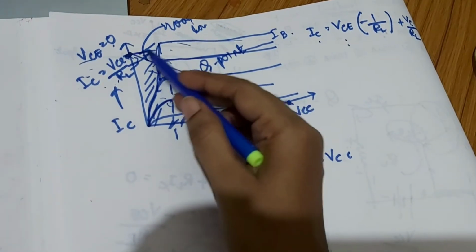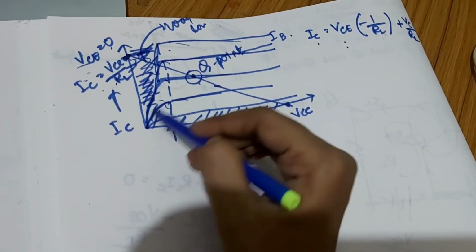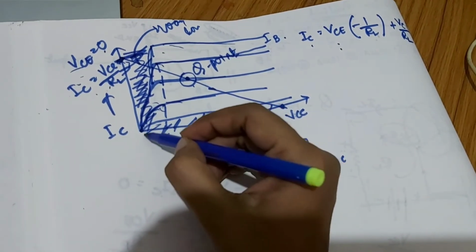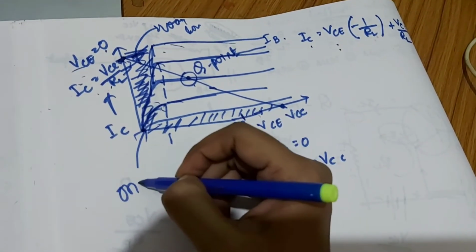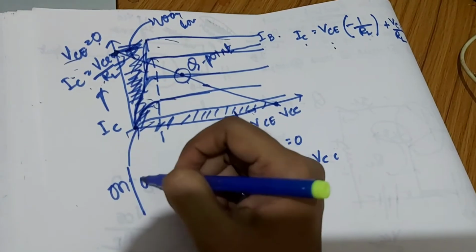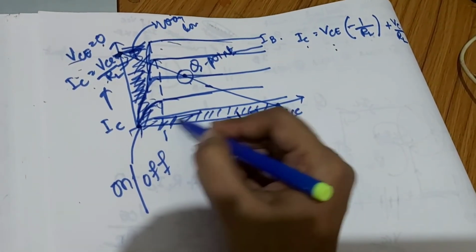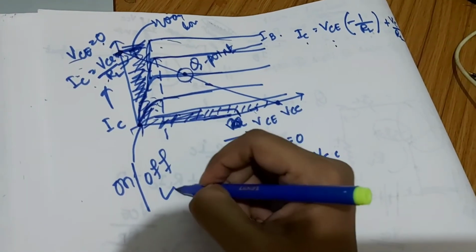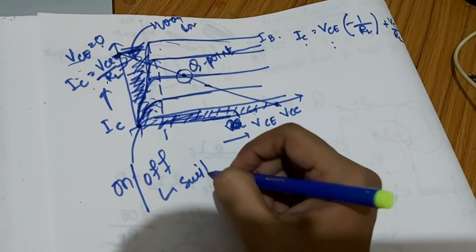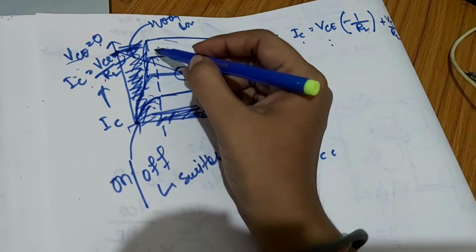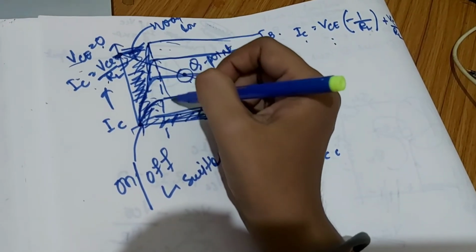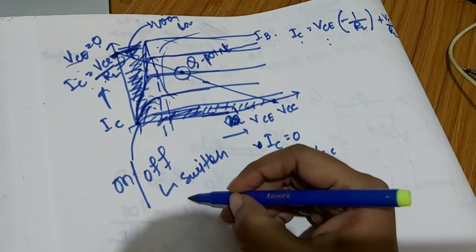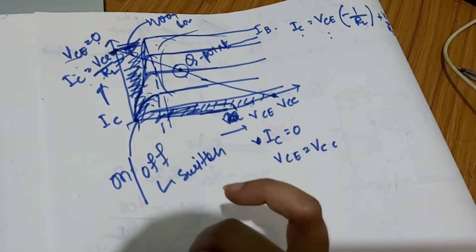So for these regions the transistor will be in on state or off state. For this region it acts as a switch, and for the region beyond this line, the transistor acts as an amplifier.